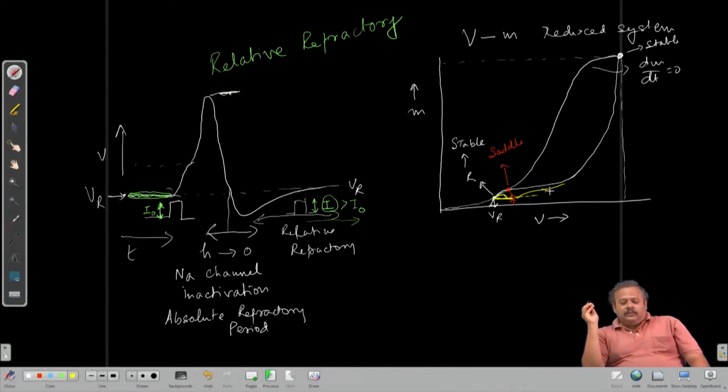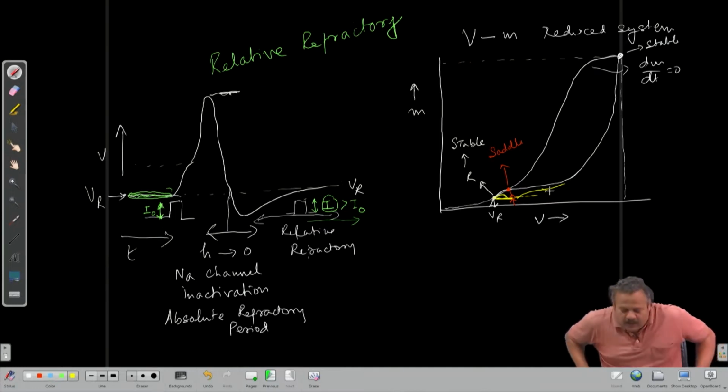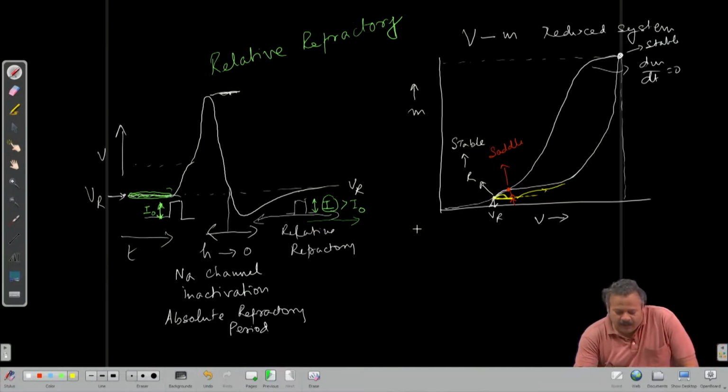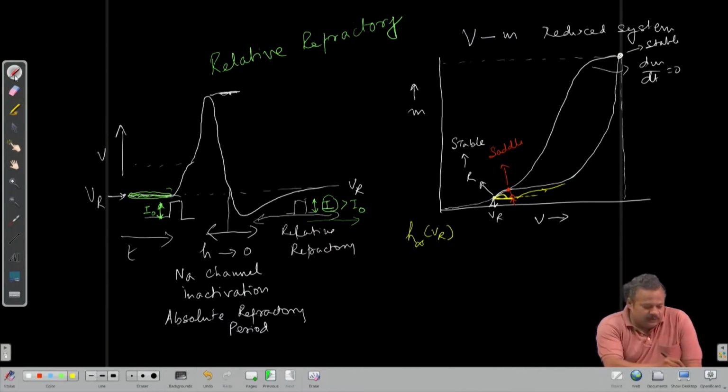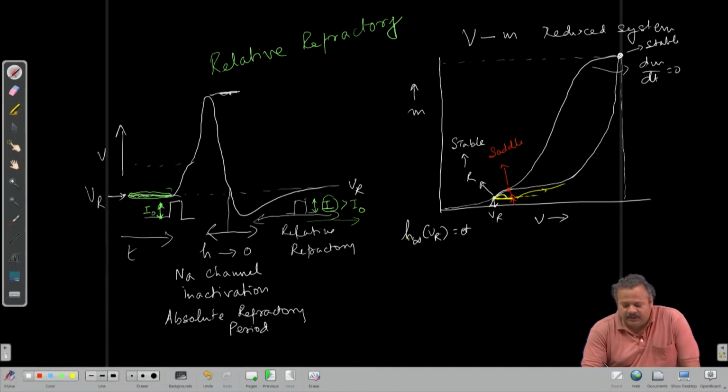So, we know that H at rest, H infinity of VR, as we saw earlier, is around 0.6 or 0.59.